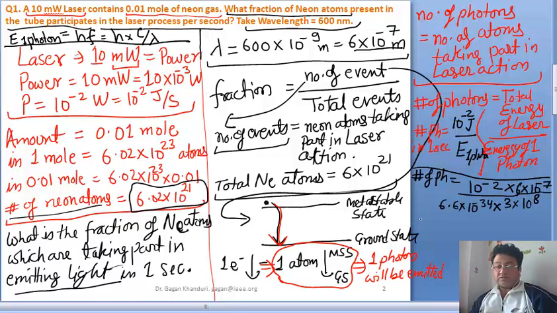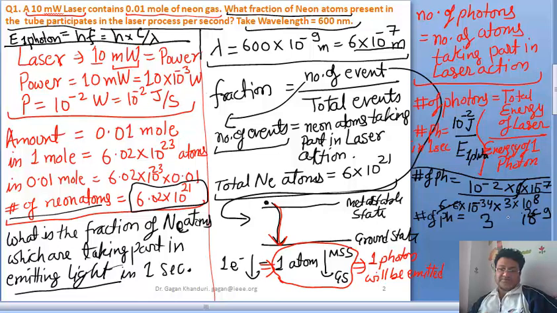So the number of photons will come out to be: 10 to the power minus 2 times 10 to the power minus 7 gives 10 to the power minus 9, and from below, minus 34 plus 8 is minus 26, which comes up and adds. So 26 minus 9 is the power, and here you have 6. I will cut it with this 6, and raise this to 3.5 or something, and 1 by 3.5 is almost 3, so I will say 3.